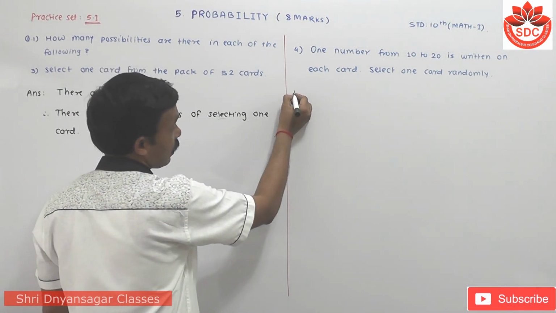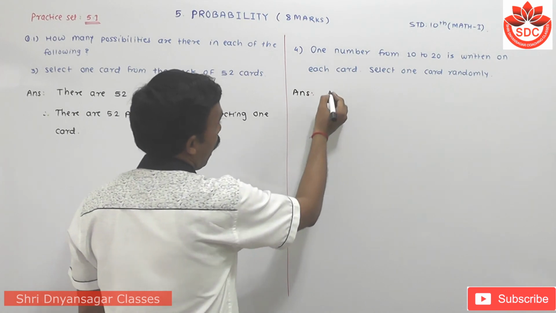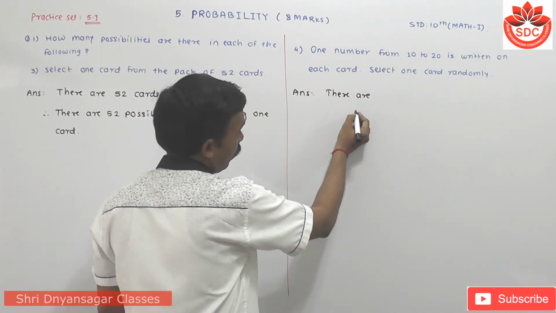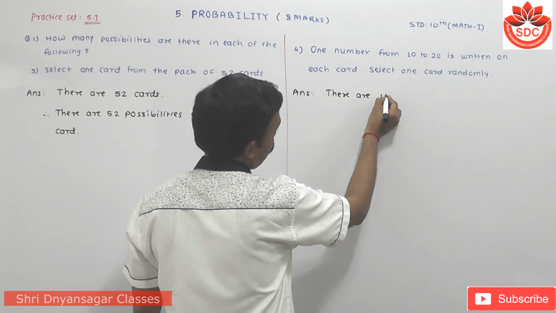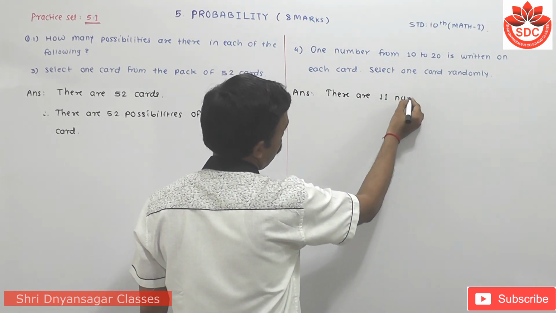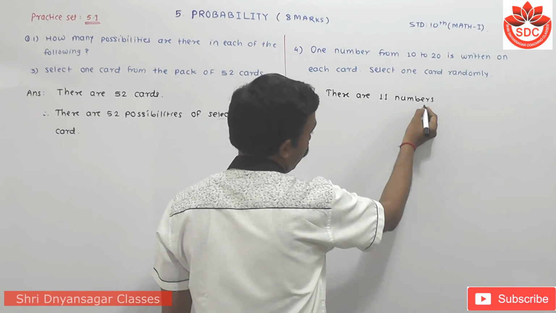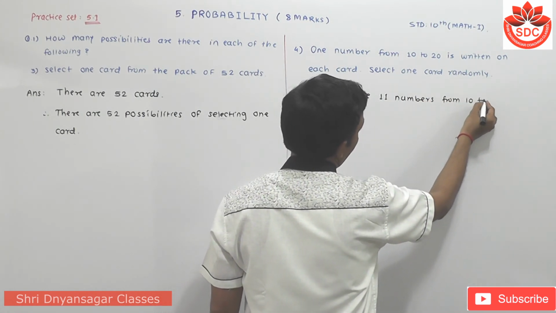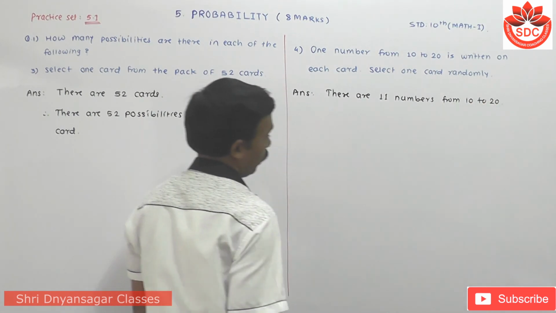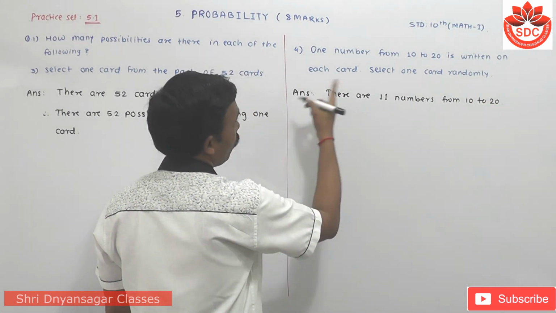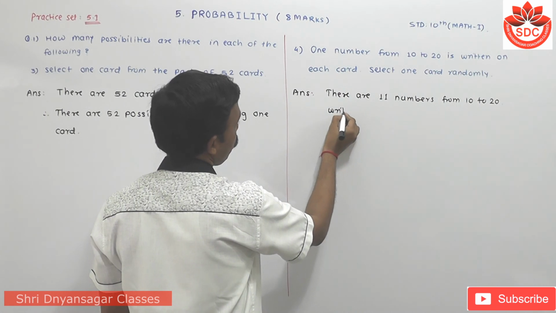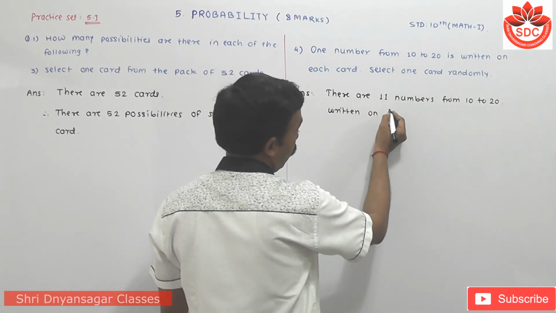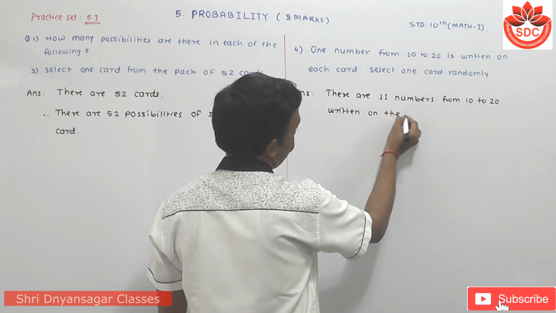So the answer is: there are 11 numbers from 10 to 20 written on the cards.